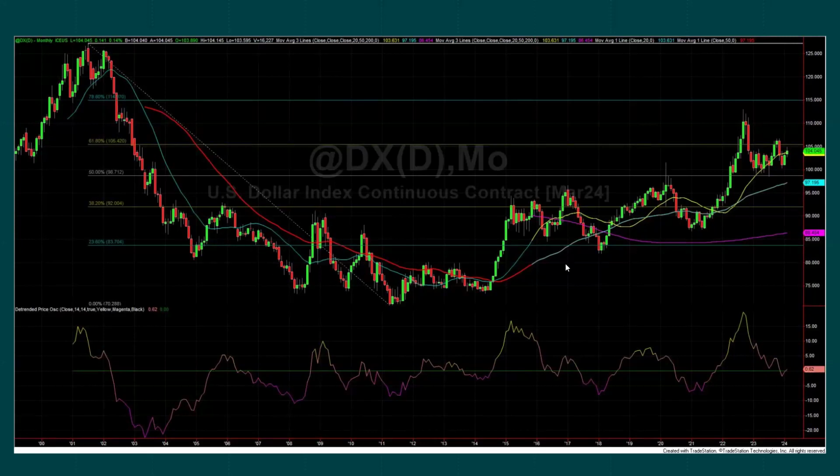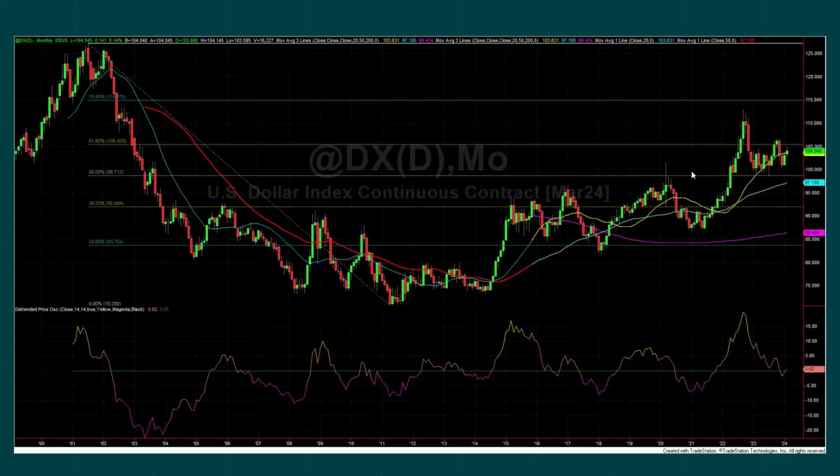Since 2015, we had the euro PIIGS events happening. And now we can see the dollar has had a big move, and it has been the strongest currency.